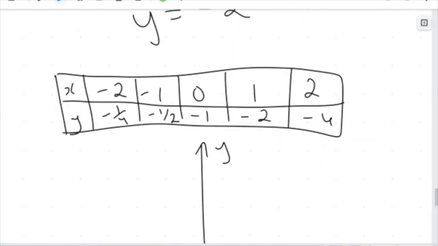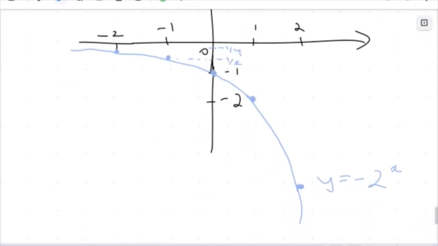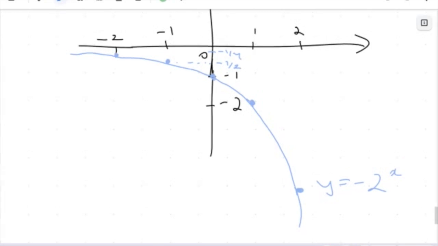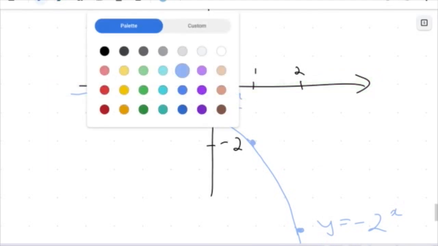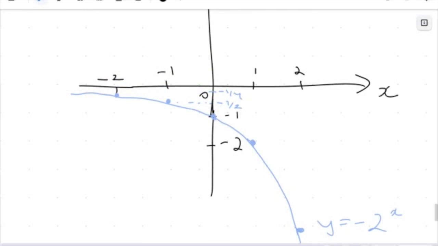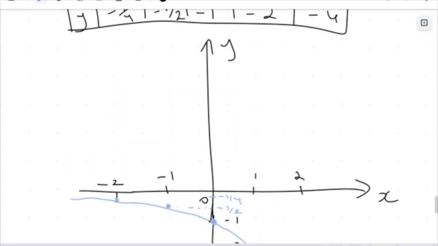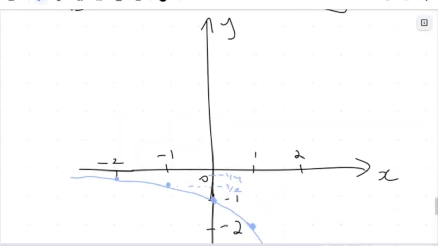It looks kind of the same, but notice it's been flipped. It's been flipped around this x-axis. Sorry, I haven't labeled my axes in. This is my x-axis. This is my y-axis. I have vertically reflected this.